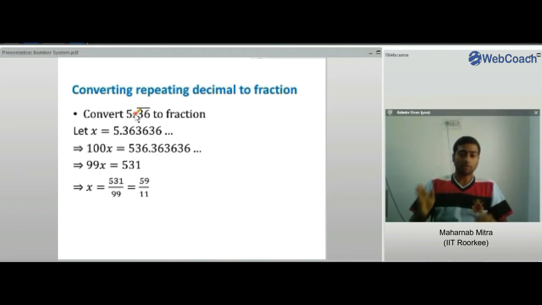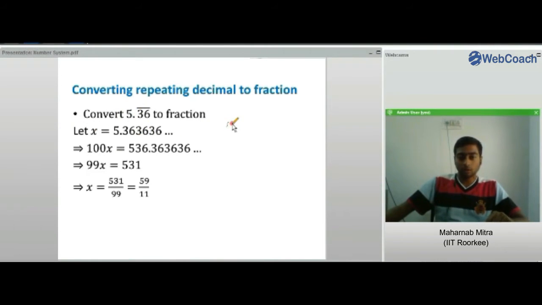We get the number 536.363636, right? So what are we doing? We are trying to keep the numbers after the decimal point the same in both cases, and we will see why we are doing this.